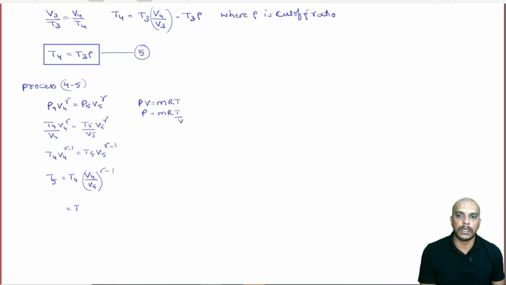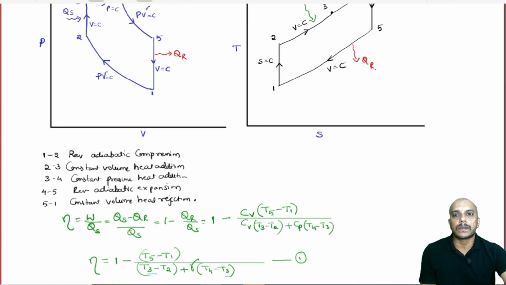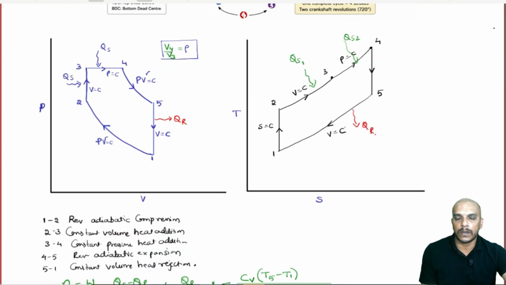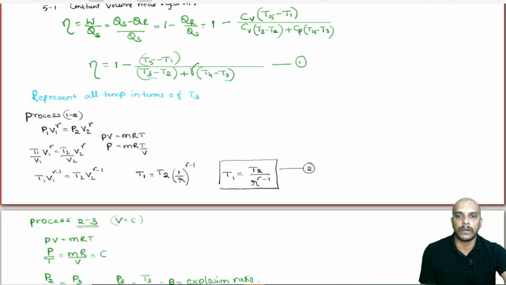We know that T4 is already written in terms of T3. I will replace it because T4 is equal to T3 rho, and this will be V4 by V5. Now, if you look at this, V4 by V5 is neither the compression ratio nor the cutoff ratio or explosion ratio. So, V4 by V5 has to be written in terms of the cutoff and compression ratios, that we will have to take care of.